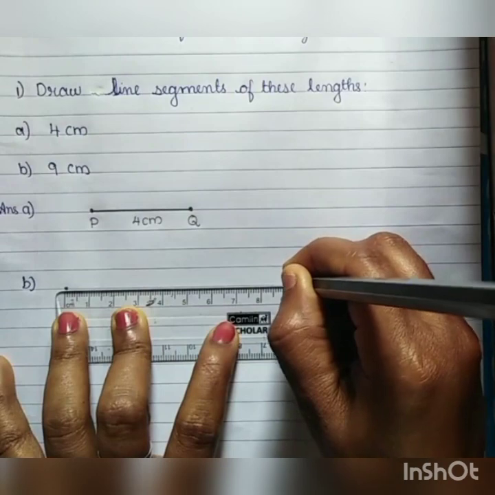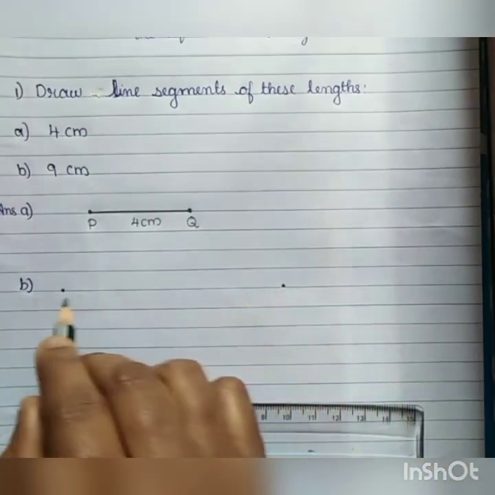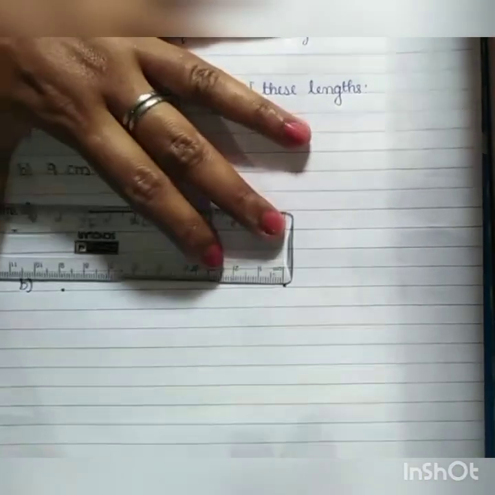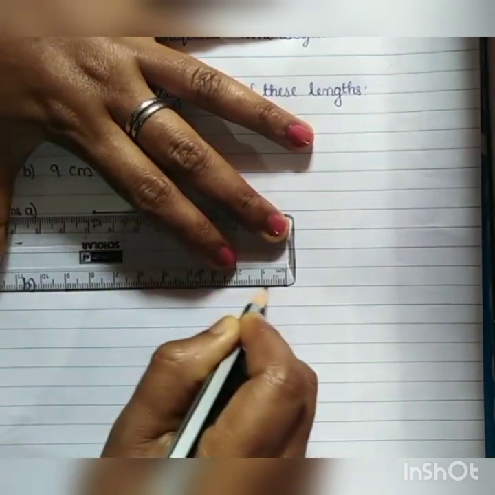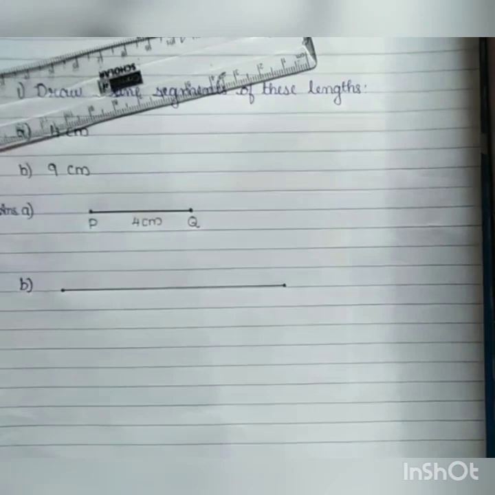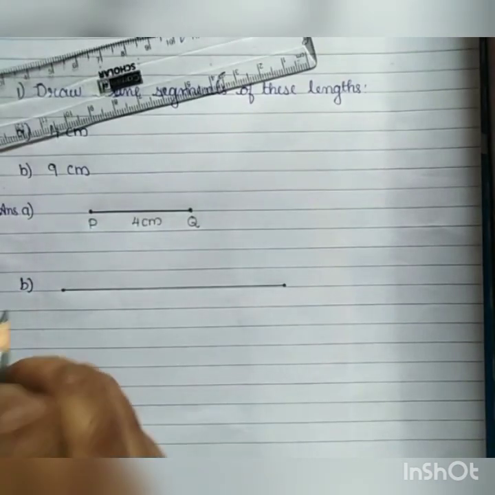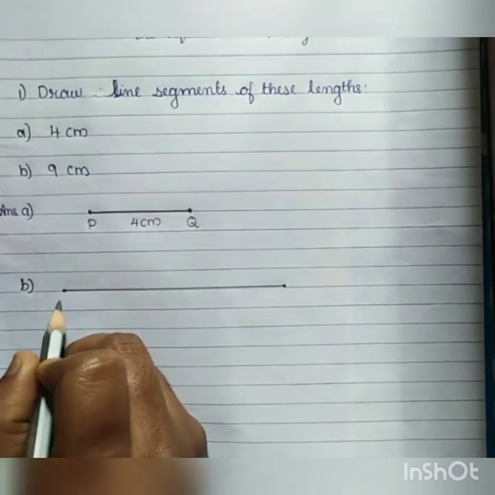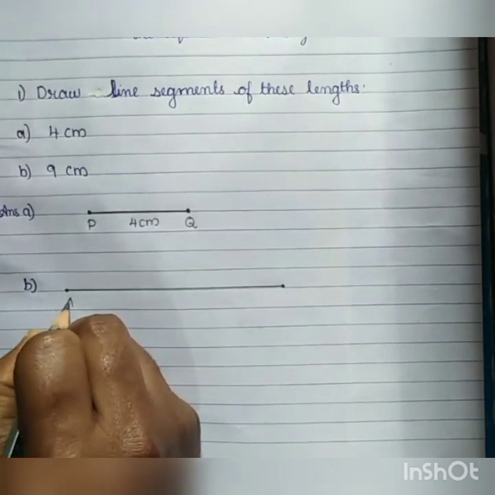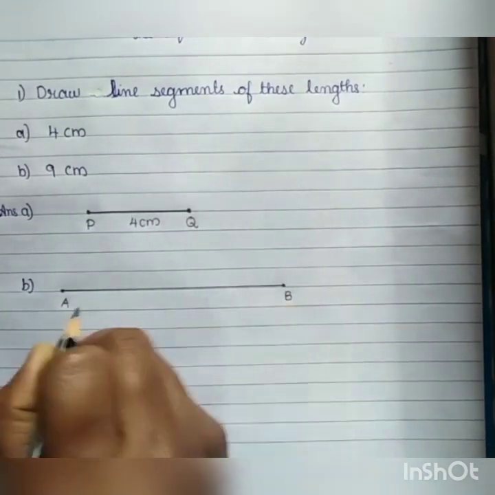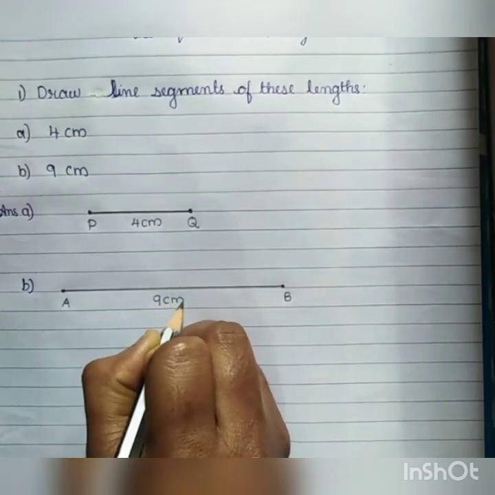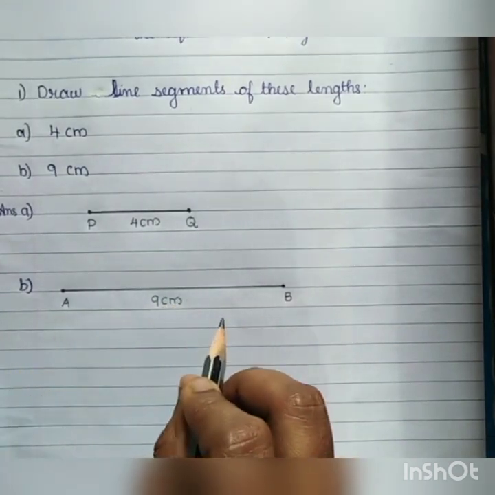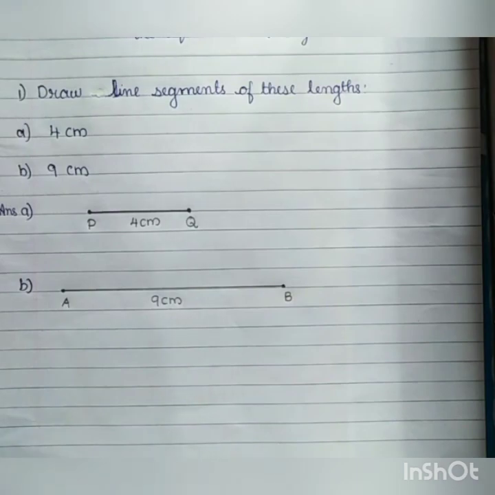So we have to mark the number 9. So I have marked two endpoints. Now we can join the two endpoints. So this is the required line segment. Now we can name this line segment as AB. So the length of this line segment AB is 9 cm. So this is the method of drawing a line segment.